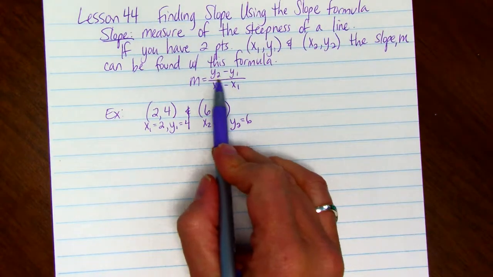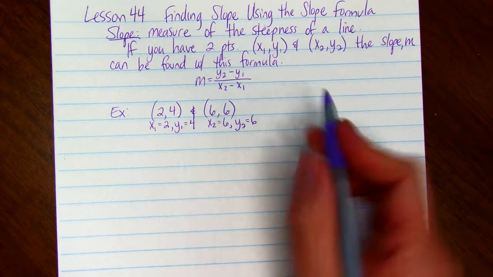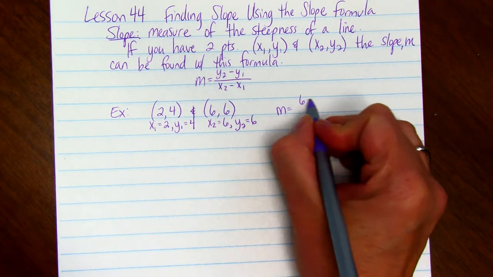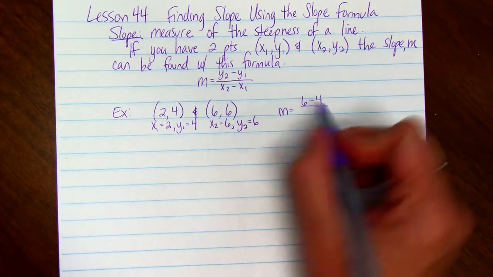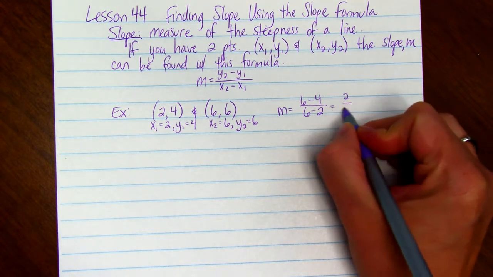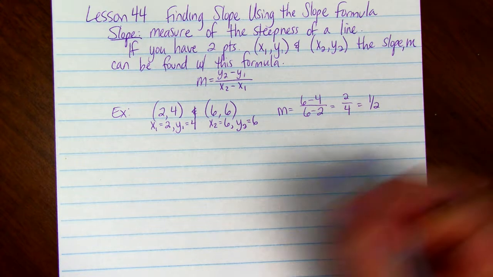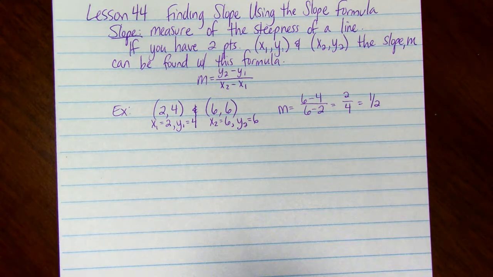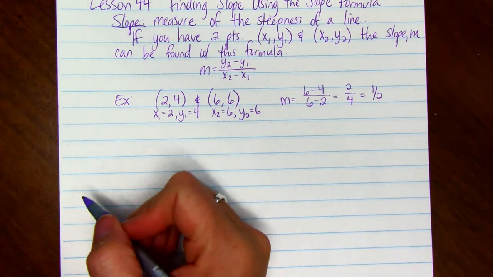So we follow the formula. We do 6 minus 4 divided by 6 minus 2. So we get 2 fourths or 1/2. So the slope would be positive, so it's going uphill from left to right, and it's equal to 1/2.